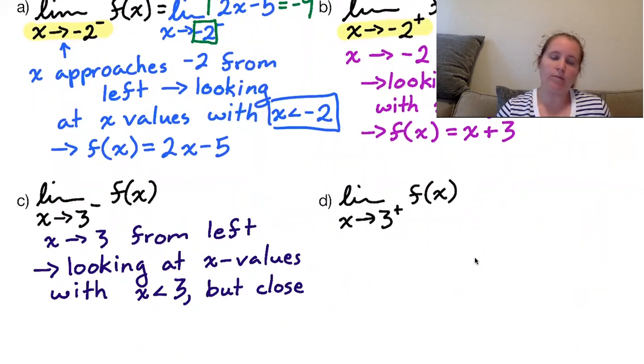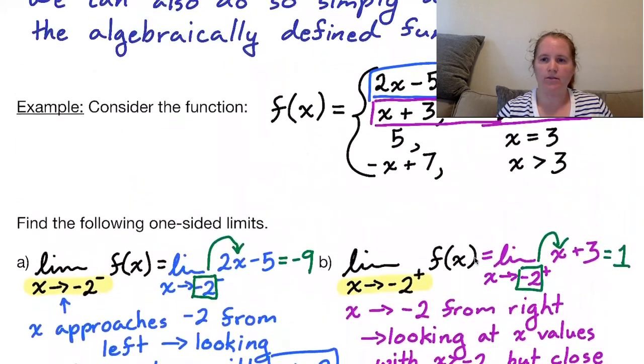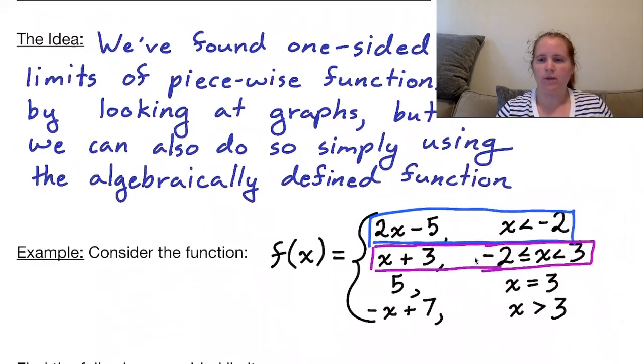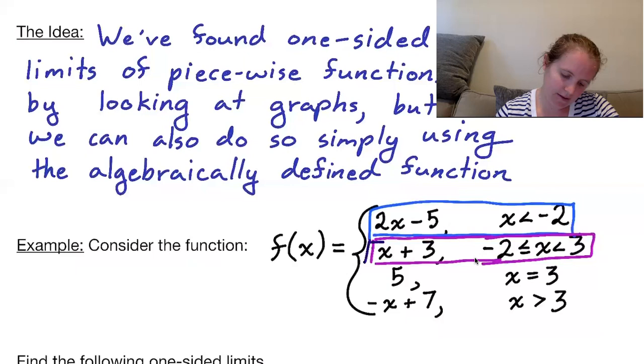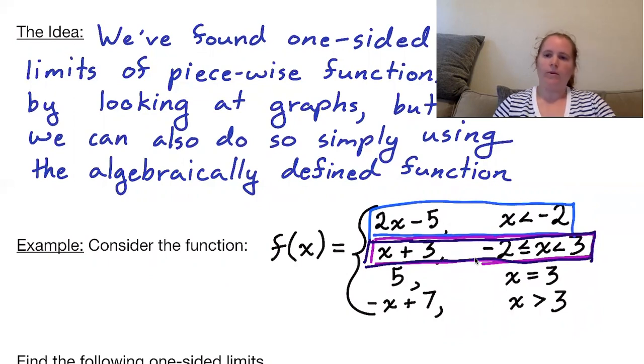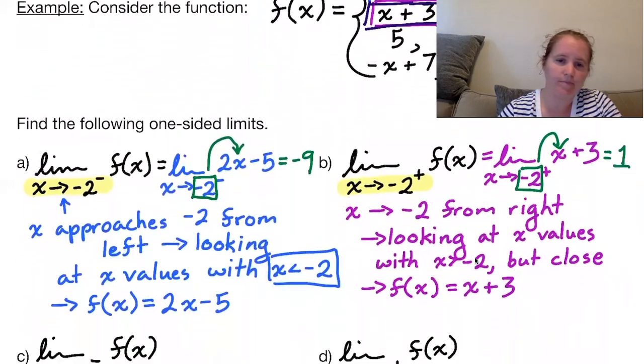So if we look back at our piecewise function, we want x less than 3, but close to 3. That means that we are looking at the same segment we were looking at earlier, -2 less than or equal to x is less than 3. And again, our function is behaving like x plus 3.